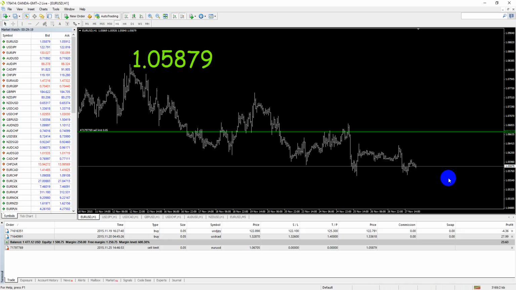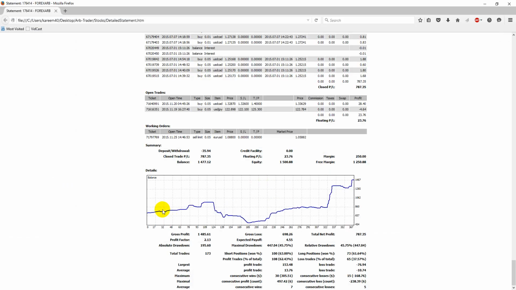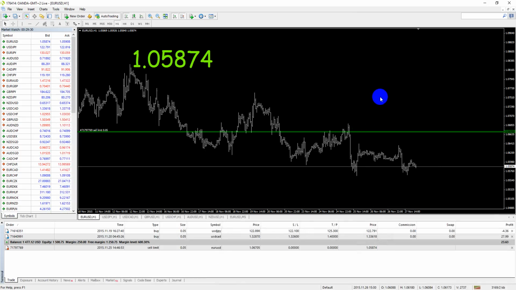My stop loss is about 100 pips, but like I said, this account has done quite well for me. I look at some patterns and some Elliott waves with forex, but again, it's mostly news related.